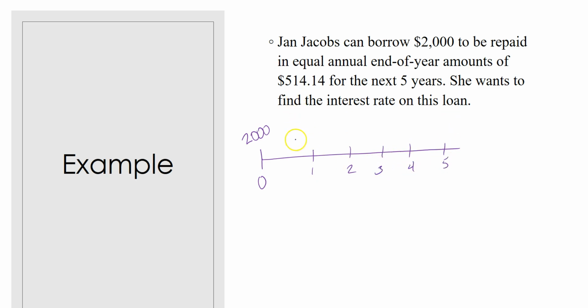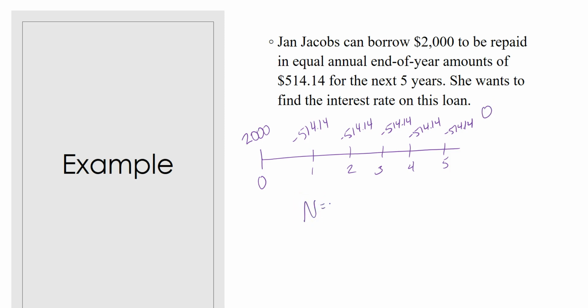She is going to pay $514.14 every year. And she wants to have a $0 balance on this loan at the end of the 5th year.